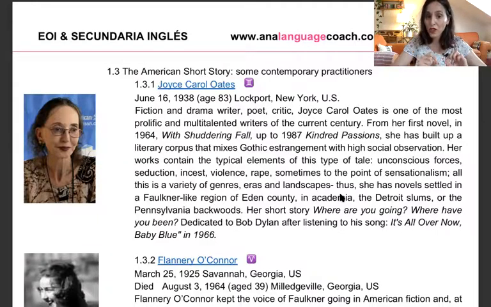Her works contain the typical elements of this type of tale: unconscious forces, seduction, incest, violence, rape, sometimes to the point of sensationalism. All this in a variety of genres, eras, and landscapes. Thus, she has novels set in a Faulkner-like region of Eden County, in academia, the Detroit slums, or the Pennsylvania backwoods.